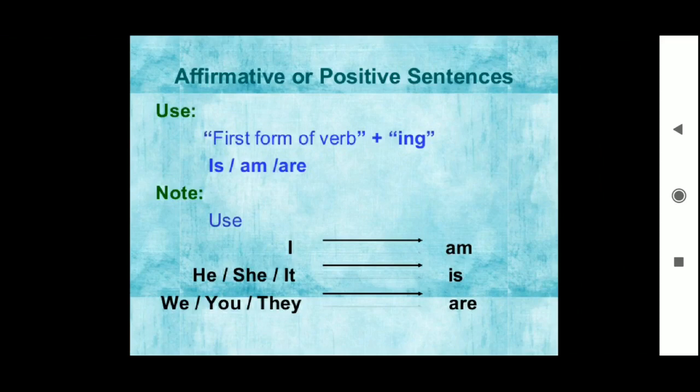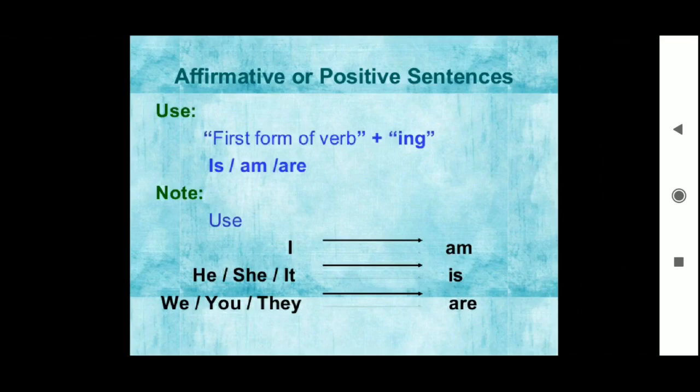Note, we use am with I in present continuous tense. Is with subjects like he, she, it, meaning a singular subject, we use is.